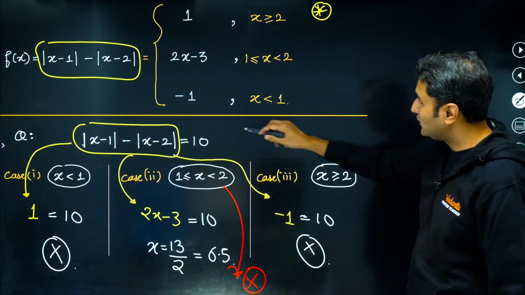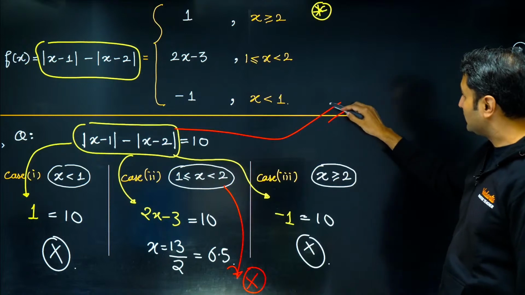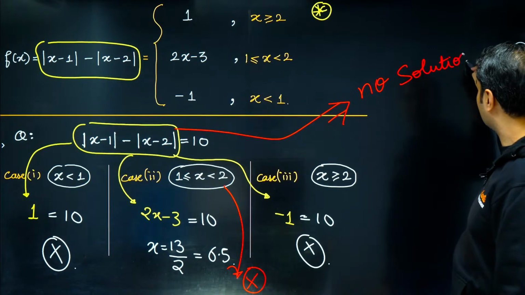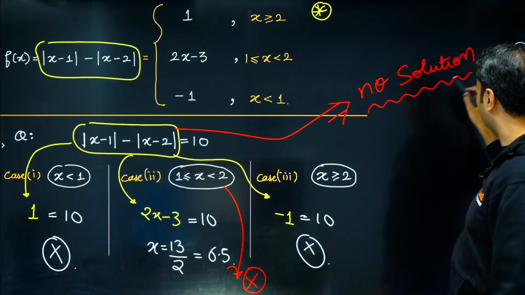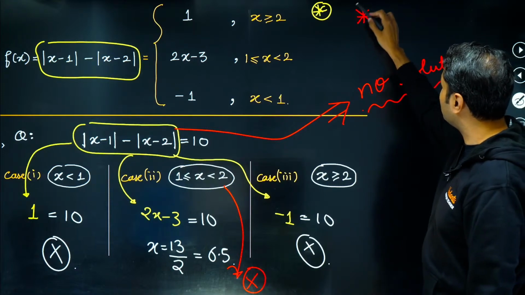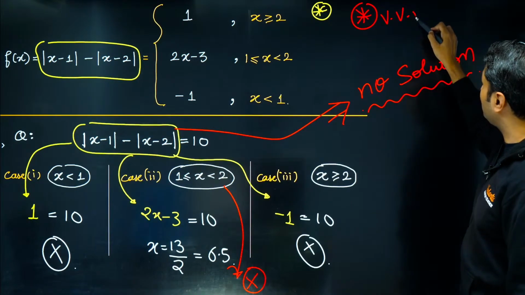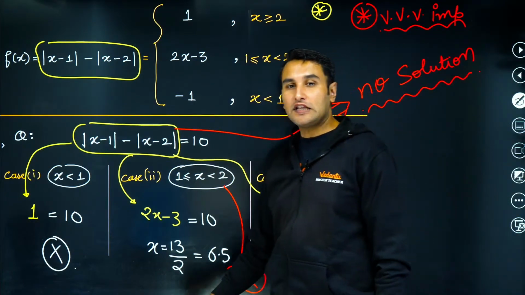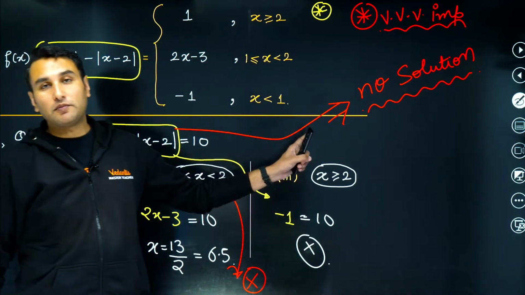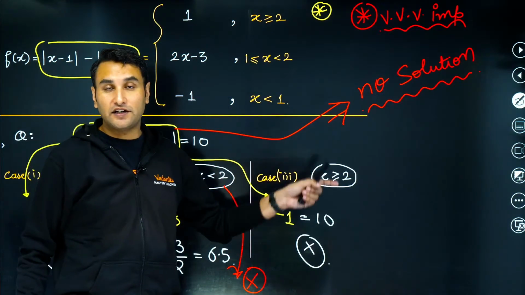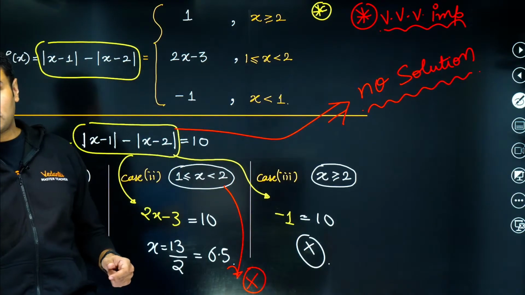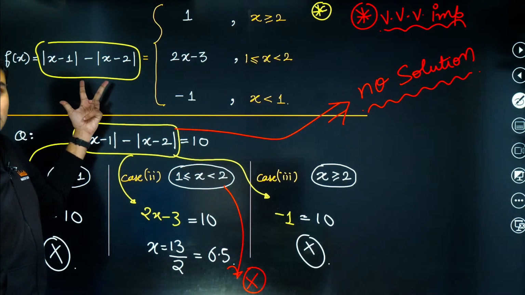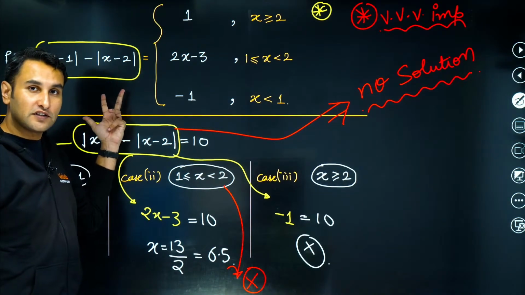It means for this problem there is no solution. Remember, this is a very, very important variety of problem. If you're in class 12th, the same problem comes for differentiability and continuity. Do you remember? All the children who are in class 12th or droppers, you will be given this function and it will ask its continuity and differentiability.